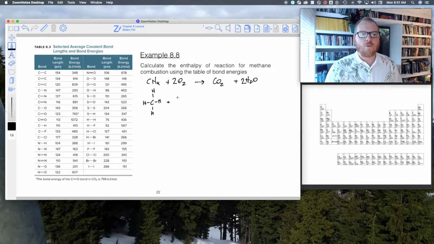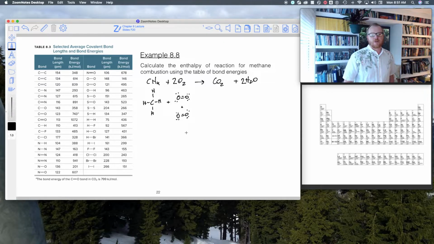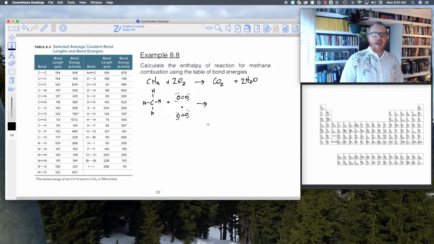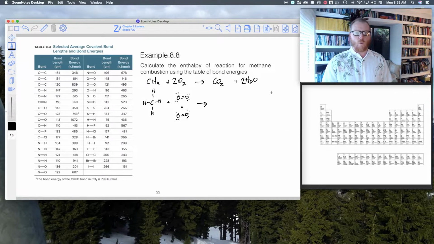Hopefully you remember that oxygen has a double bond with 2 lone pairs on each oxygen. There are 2 of them, so I'm going to draw both of those oxygen molecules so I don't miscount my number of bonds. We're only forming 1 mole of CO2, and we remember CO2 looks like this.